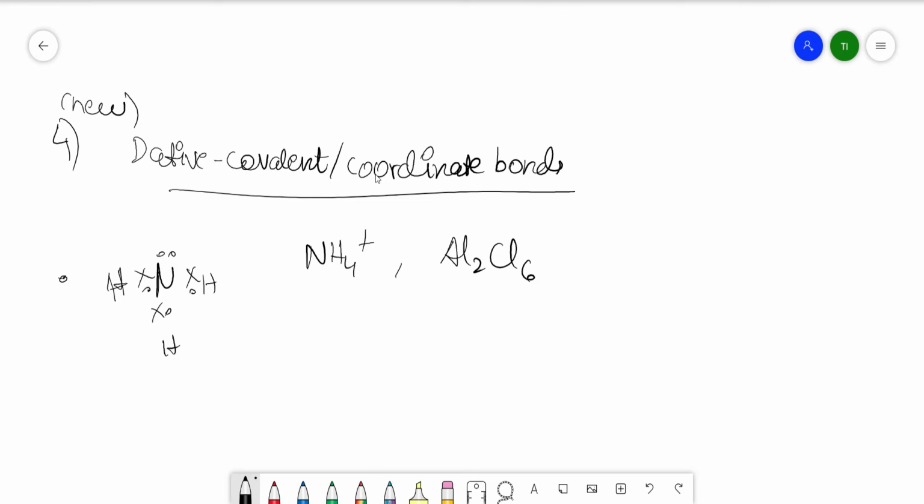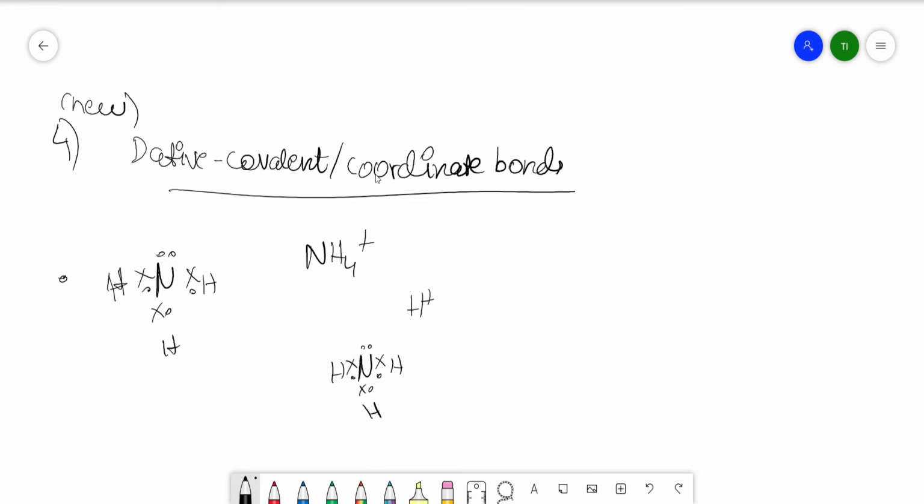Okay. Now, I'll show how exactly it forms a dative covalent bond. Let's just ignore Al2Cl6 for now. For NH4+, there are 3 hydrogens that form bonds with the central nitrogen atom, and it has a lone pair of electrons. And there's an H+ that just happens to occur.